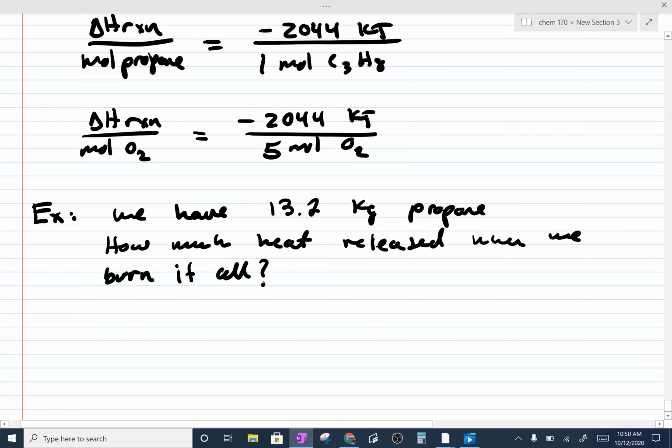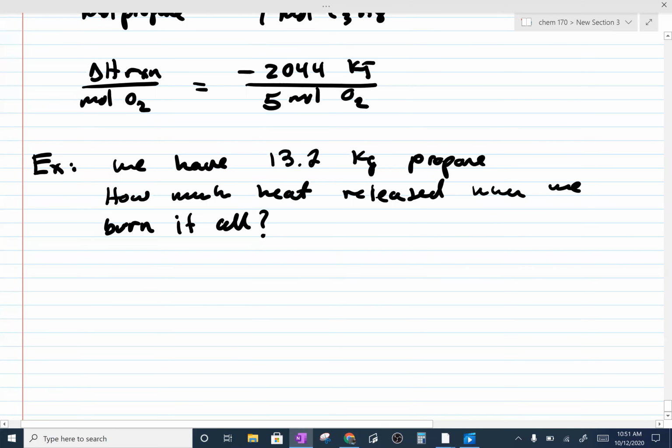Okay, how much heat can we release if we just turn on the grill, crank it up, and just let it sit until all of this propane is burned? All of that heat energy from the reaction itself is being released into the surroundings, so into the grill itself, and then out into the air. We want to calculate the total amount of Q, or total amount of heat that's being released.